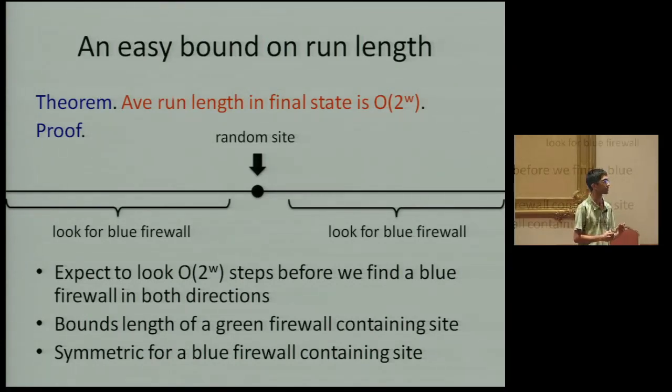Well, this is equivalent to the question, how many coin flips will you have to do before you see W plus 1 heads in a row? And the answer is big O of 2 to the W. Similarly, if you look in the other direction, you'll find a blue firewall in big O of 2 to the W steps also. So if you have blue firewalls on either side, that means a green firewall containing that location can't grow bigger than that length. That bounds the length of a green firewall at that location. Symmetrically, you can say the same for a blue firewall, and therefore the average run length is going to be big O of 2 to the W, just using the initial configuration.